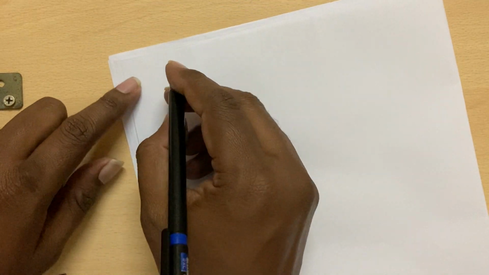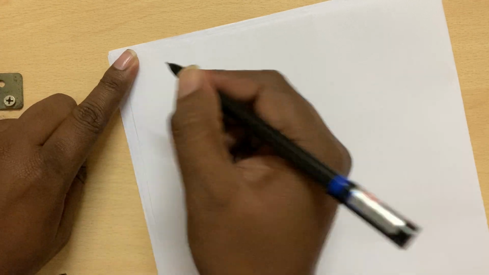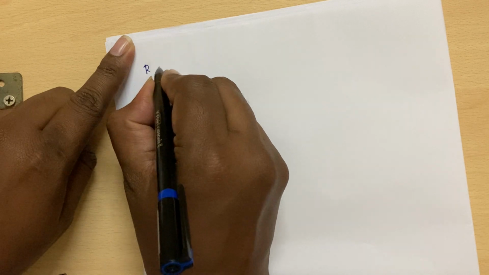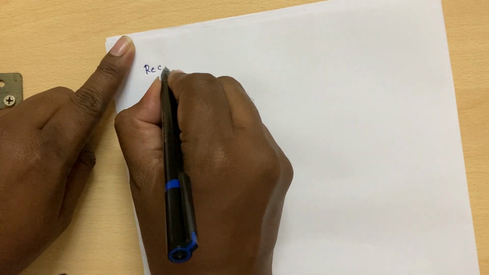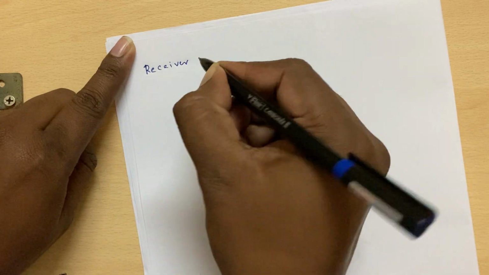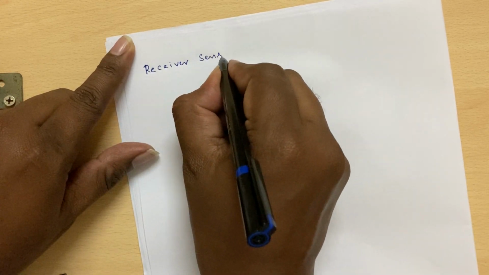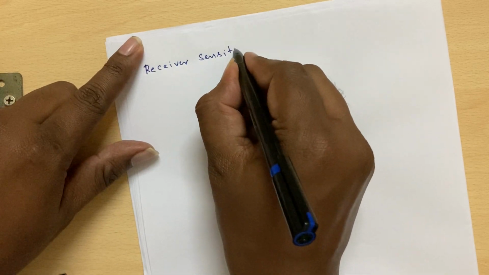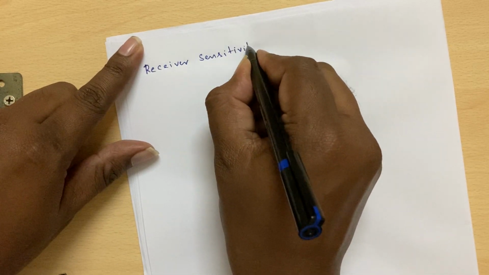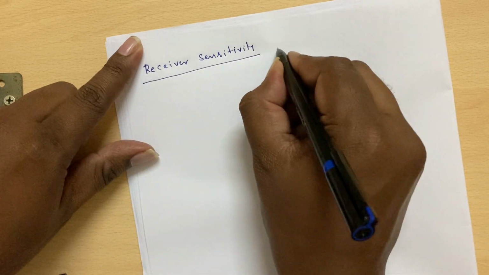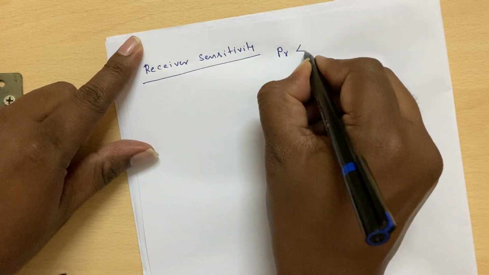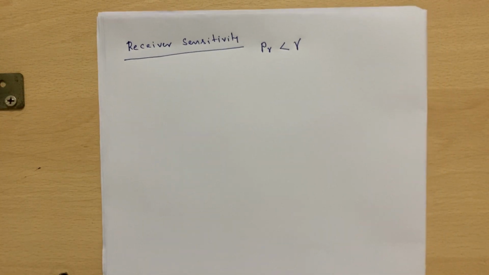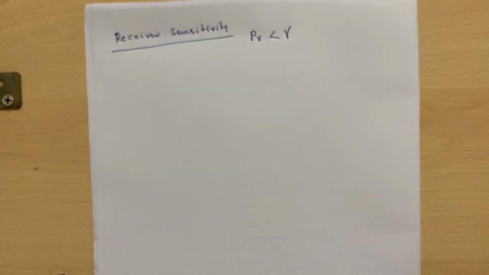Receiver sensitivity is a minimum power level that is required for the receiver to process the signal. If the received signal power PR is less than gamma, then it means the particular receiver will be out of coverage from the transmitter.